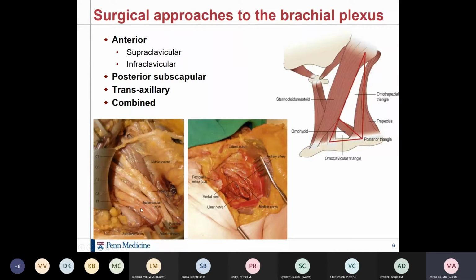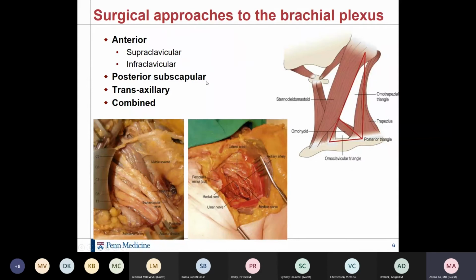And often, we can follow the trunks distally until we can see the start of the divisions, but then we're usually limited by the clavicle. And so often we'll combine this approach with an infraclavicular approach, in which we're looking at the cords and the distal nerves at the level below the clavicle at the deltopectoral groove.